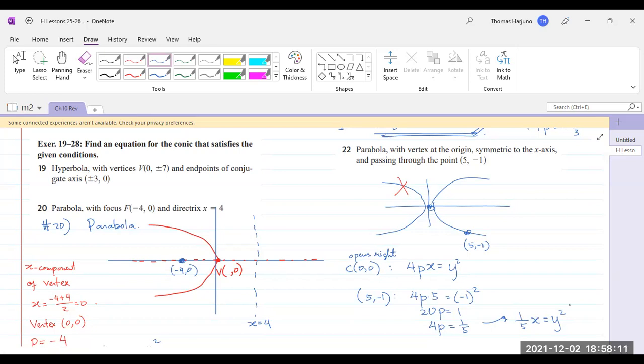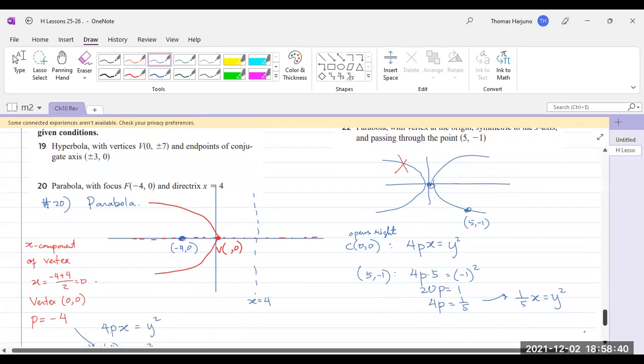Can we use that to find the focus? And of course, if you want, you can go further and find the directrix. Where's the focus though? The focus will be on the right-hand side of the vertex, and the distance p is 1/20.